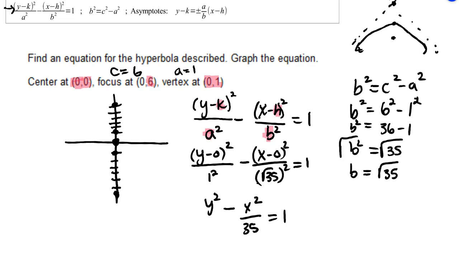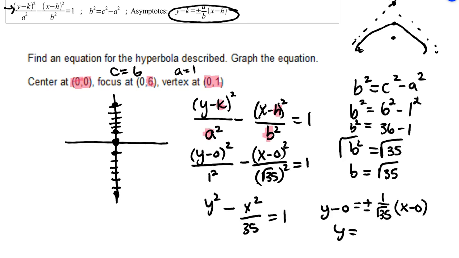And then I can use my equation here to find the asymptotes. The asymptotes are going to be y minus 0 equals plus or minus 1 over the square root of 35 times x minus 0. That's y equals plus or minus 1 over the square root of 35 x.